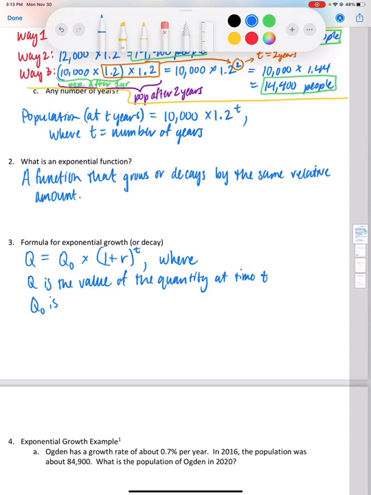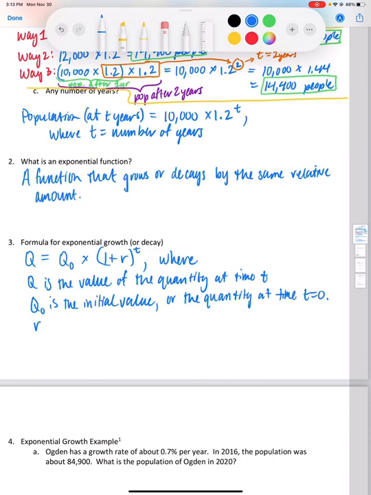Q sub 0, or the Q naught they call it, is the initial value of the quantity at time equals 0. It's the initial value, or the quantity at time t equals 0.